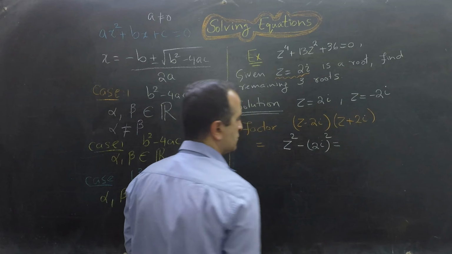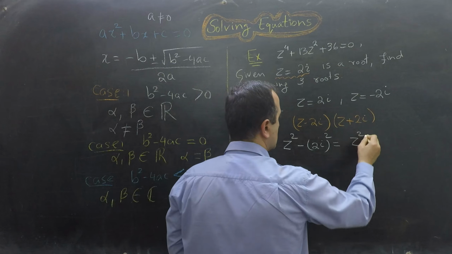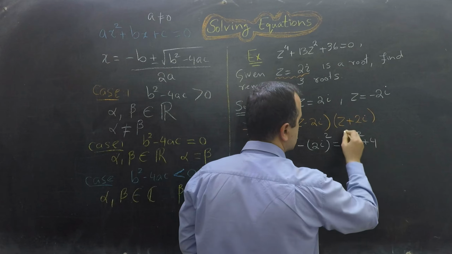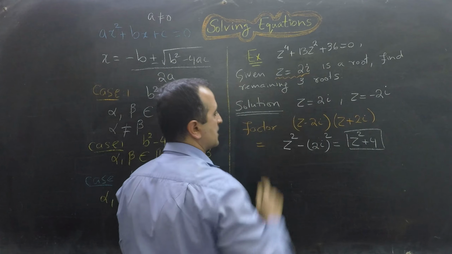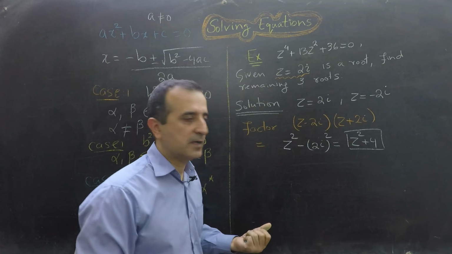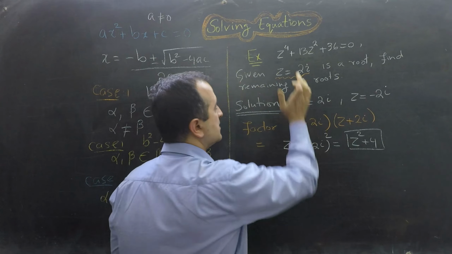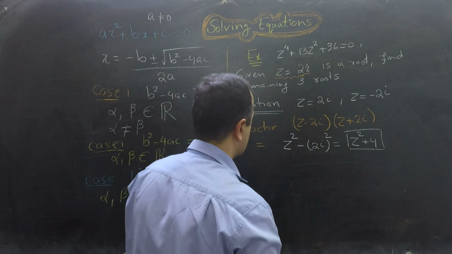This simplifies to z square plus 4. This is a factor of this equation. So in order to find another factor, I will divide this equation by this.